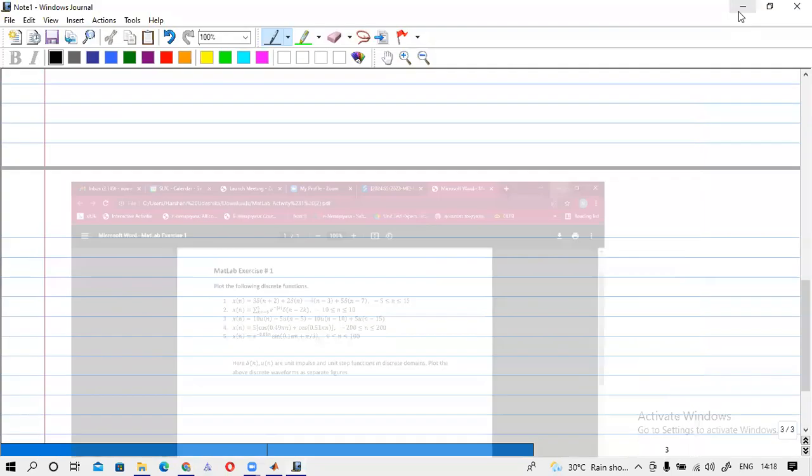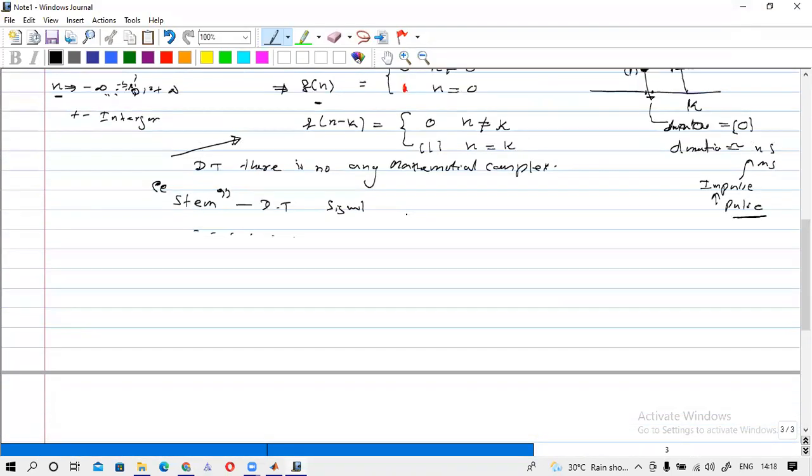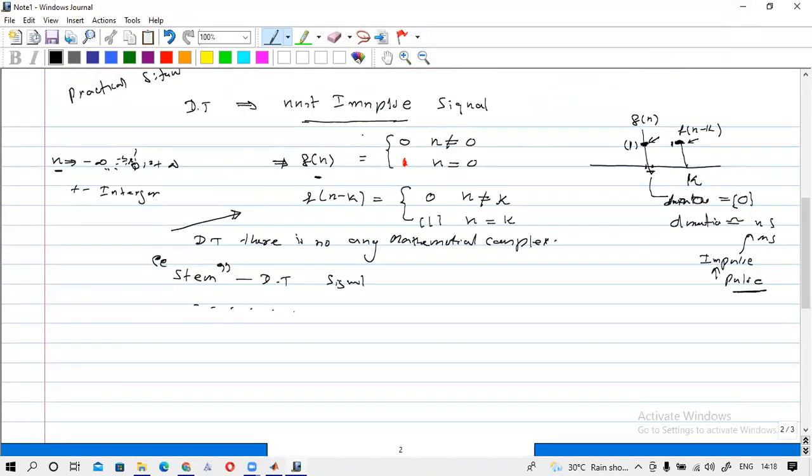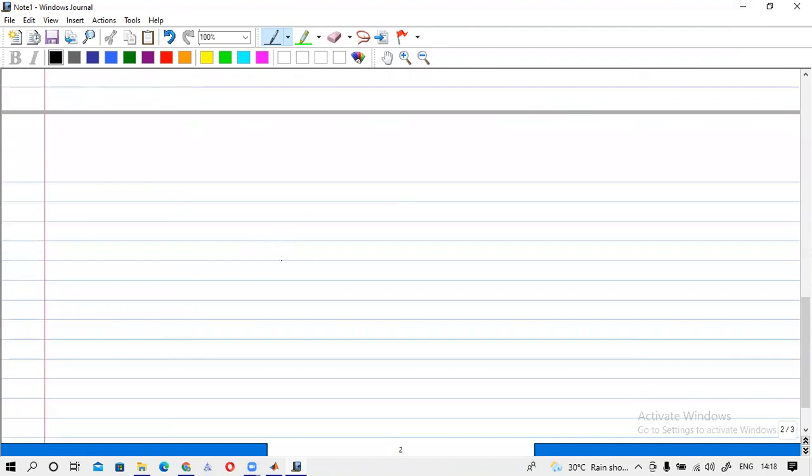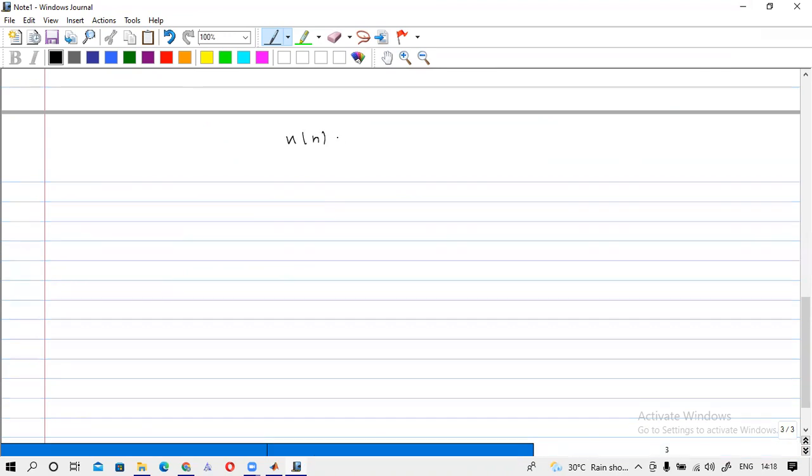So I think now you have an idea how to generate this. Let's take a look at the discrete time unit step function.